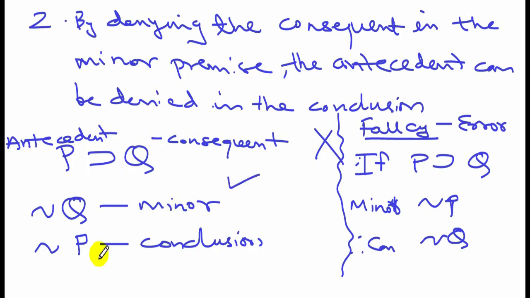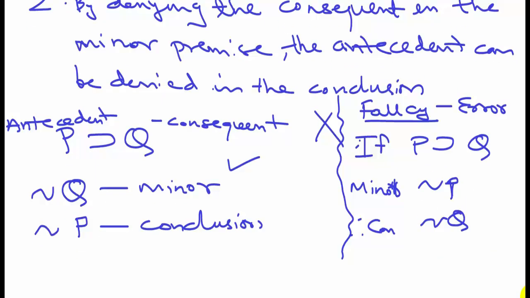On the left side it's correct, on the right side it is wrong. It's a fallacy of the modus tollens. If the modus tollens comes and denies the antecedent instead of consequent, if the minor premise denies the antecedent, actually it should deny the consequent, but it comes and denies the antecedent, then it becomes a fallacious situation.